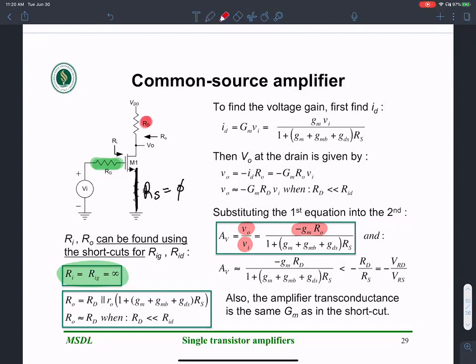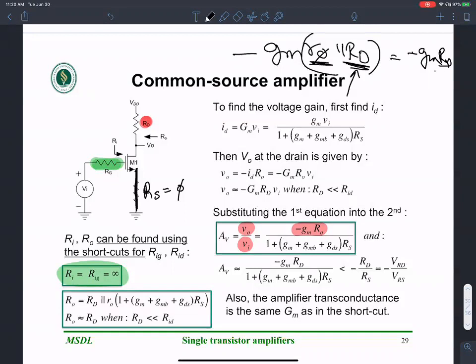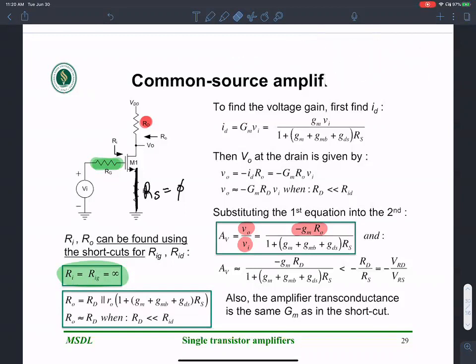The intrinsic gain of a MOSFET is negative gm r0. R0 in parallel with RD can be approximated as negative gm RD, because r0 is so large, a large value in parallel with a small value gives you a small value. This is RD. So that's the approximation.